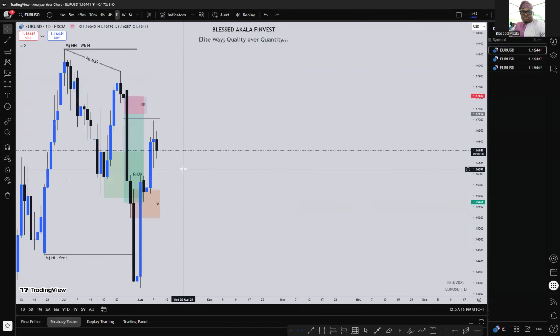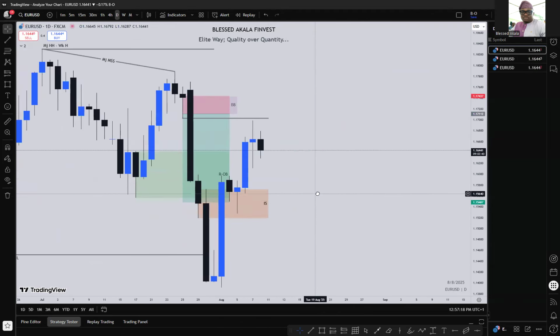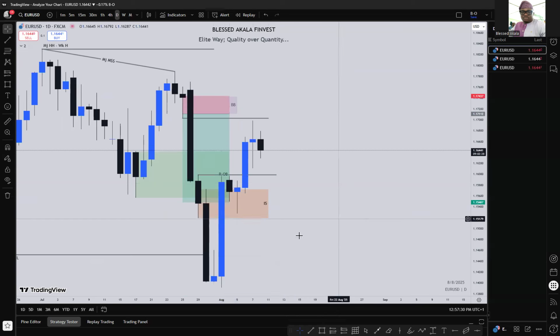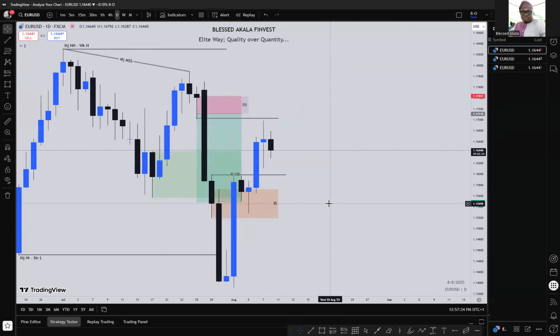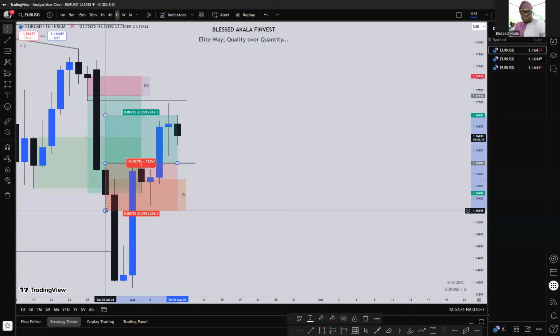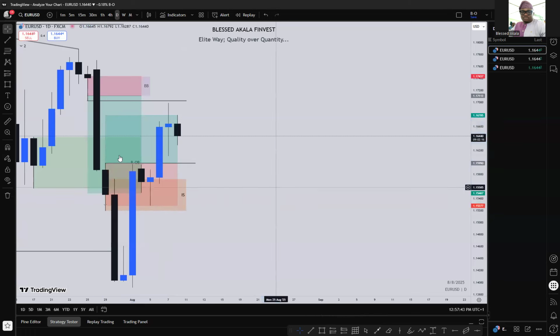Noticing this particular little other block at this level, here can kind of be our level because we might not have a proper mitigation of this leg going forward. It's a probability game anyway. So we will be buying from this particular leg here, and I'll let that one be something in the market.